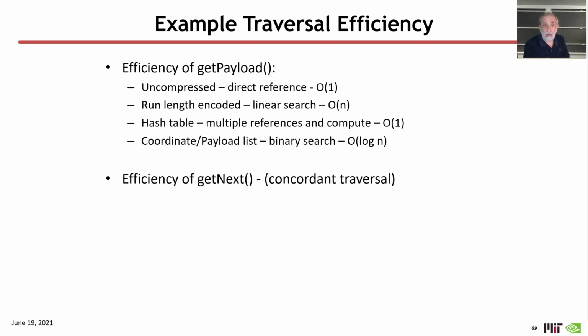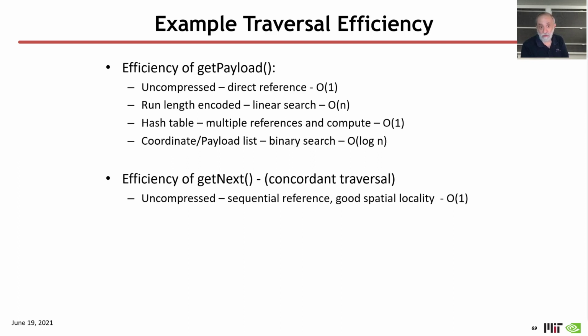What about efficiency of get next? If I'm doing a concordant traversal for uncompressed, it's easy. It's just go to the next position. I have very good spatial locality. What about run length encoding? It's also sequential reference. So if I'm going to do concordant traversal using get next, run length encoding could be a good representation.